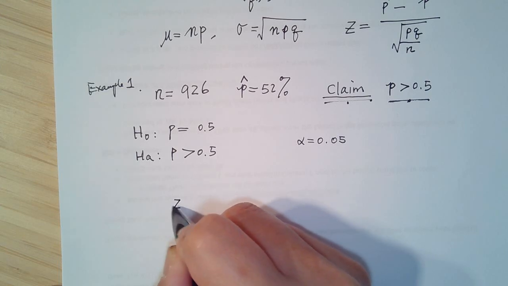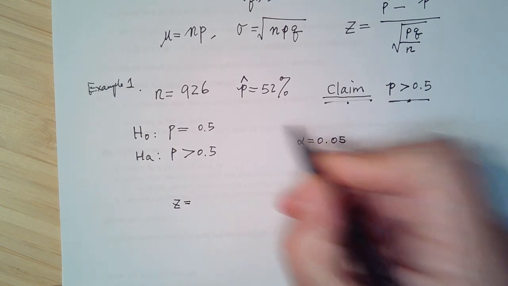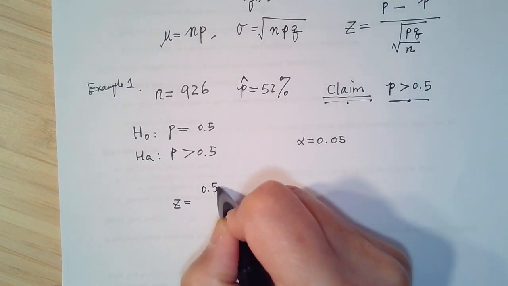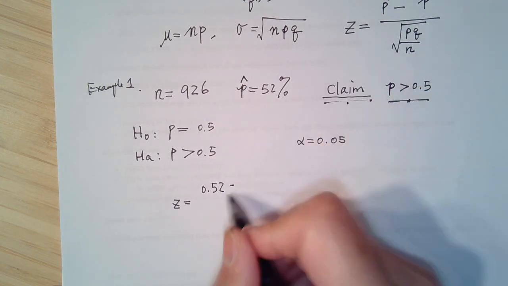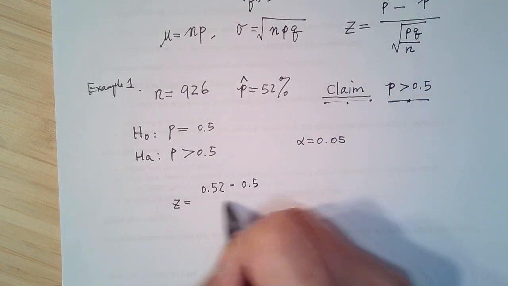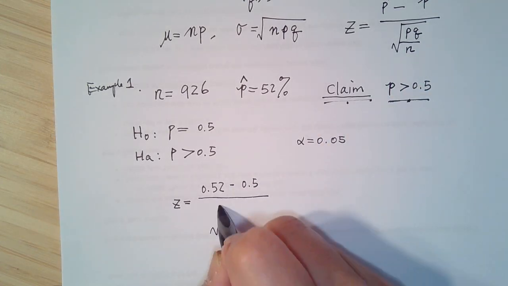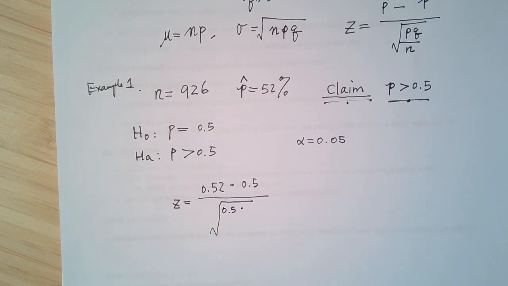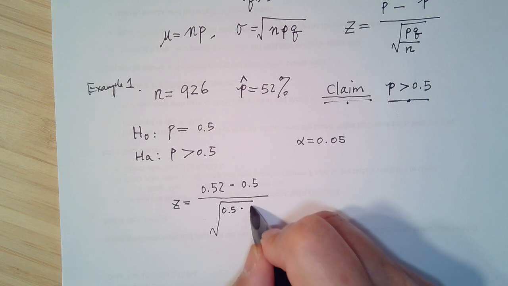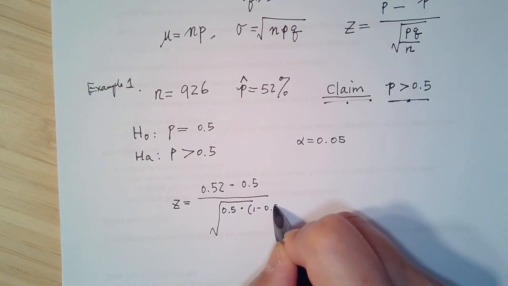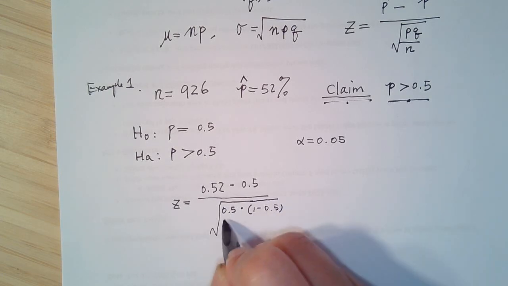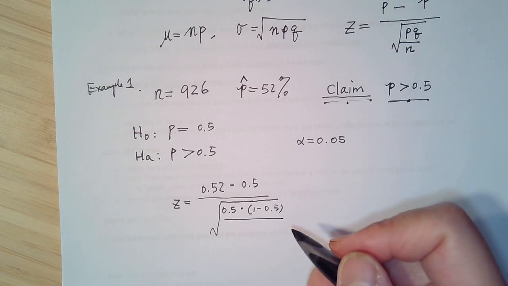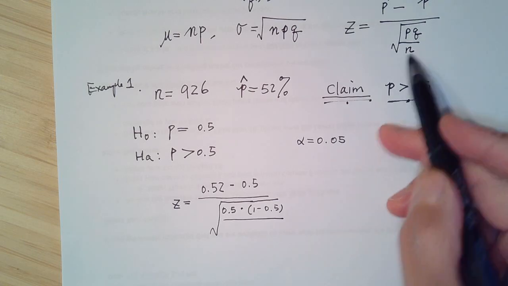Okay, and also I give you the test statistic formula, so let's do that. So my Z will be P hat, which is 0.52, minus P, which is 0.5, divided by the square root of 0.5 times 1 minus 0.5, Q, right? 1 minus 0.5 is also 0.5, divided by the n, little n, that's the sample size.